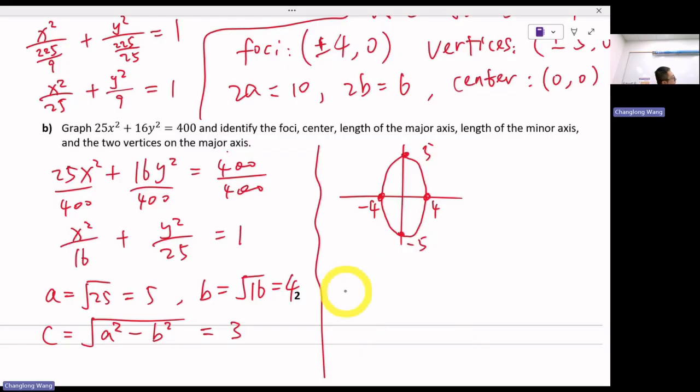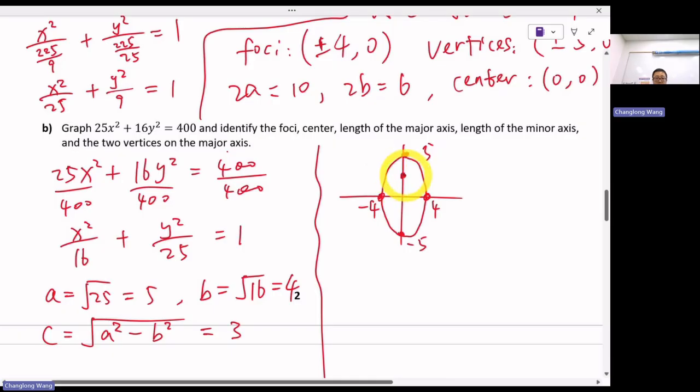Where should I put the 2 foci on this graph? Somewhere on the ellipse, or on the horizontal, or on the vertical axis? On the major, on the vertical axis. In this case, the vertical one, right?